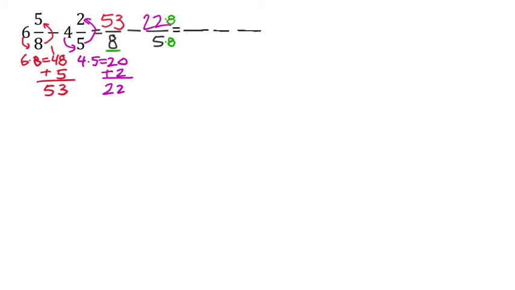So I'd have in the denominator 5 times 8, which is 40. But I'd have to scale the numerator by 8 as well. That's 22 times 8. Let's do that multiplication. 22 times 8. 8 times 2 is 16. Carry the 1. 8 times 2 is 16, but add that 1 makes that 17. So 176 is my new numerator.